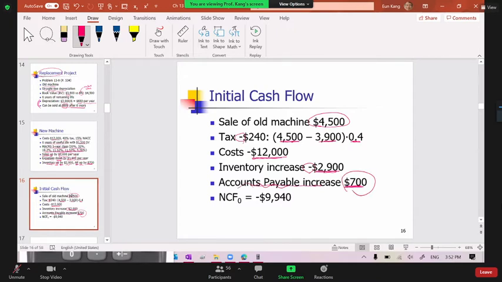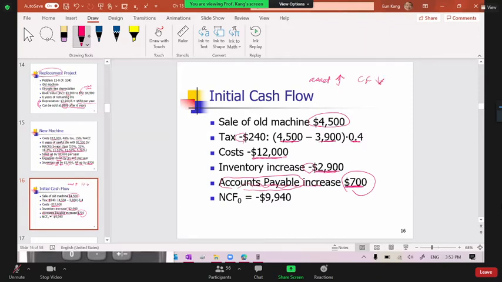Is that your question? But why did it increase by 700? Because accounts payable is, from your chapter 7, when an asset goes up, then cash flow goes down.